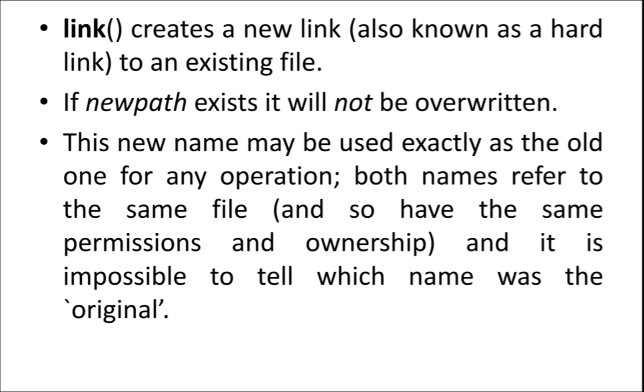For an existing file I can create a new path or a new link using the Link API. And if the new path already exists, it will not be overwritten.